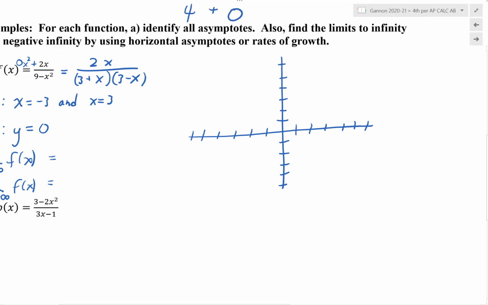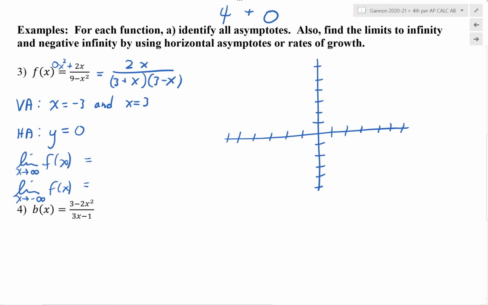We're going to use the asymptotes to help us. So we said that there are vertical asymptotes at -3 and also at +3. We have horizontal asymptotes at y equals 0. Now, at that point, you'd want to pick some points on other sides of the asymptote.